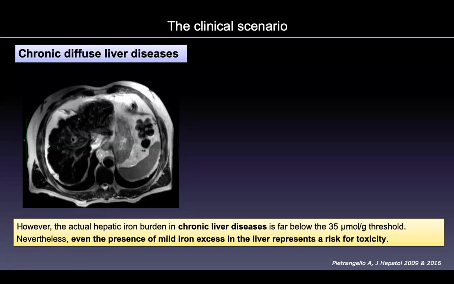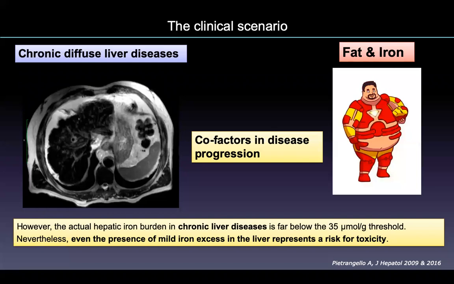However, we must understand that in this scenario, the actual hepatic iron burden is far below the 35 micromole per gram threshold that is used as a definition of iron overload in the scenario of hereditary hemochromatosis or secondary hemochromatosis. And even the presence of mild iron excess in the liver may represent a risk for toxicity.